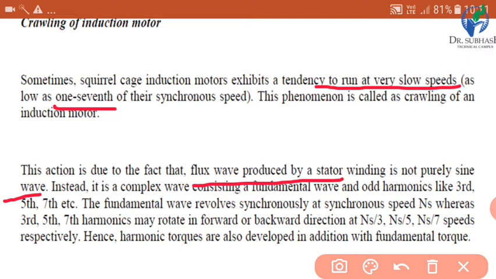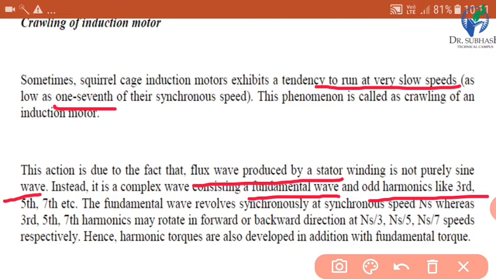Because it is not a pure sine wave, some impurities may be there. Instead, it is a complex wave consisting of the fundamental wave and odd harmonics like third, fifth, and seventh, etc.